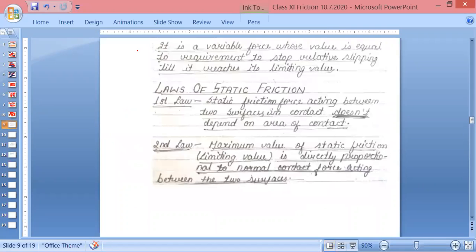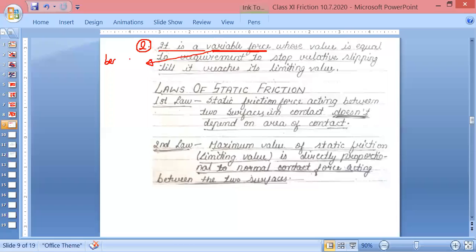Now let's come to the second point regarding the static friction. It is a variable force. Why is it variable?